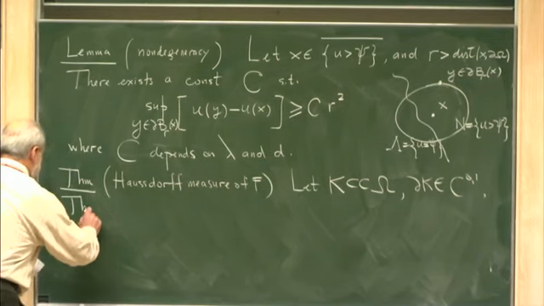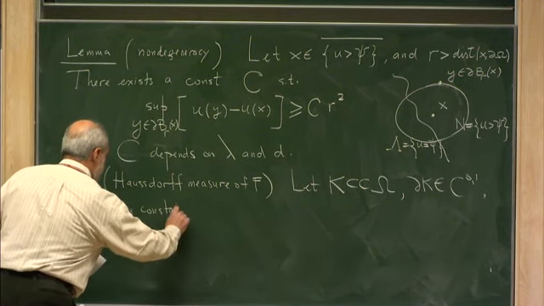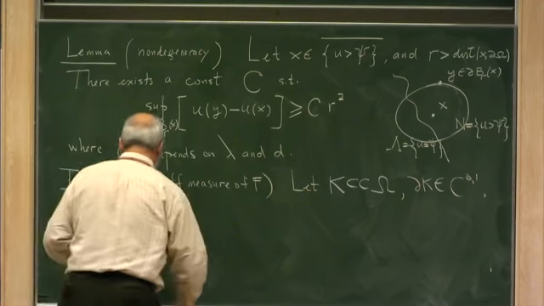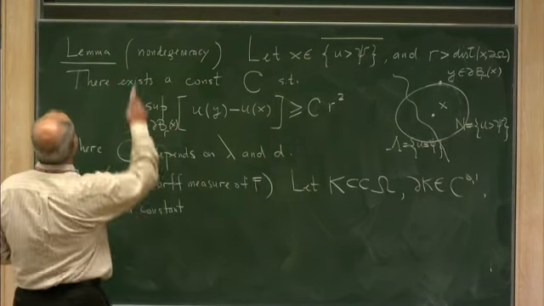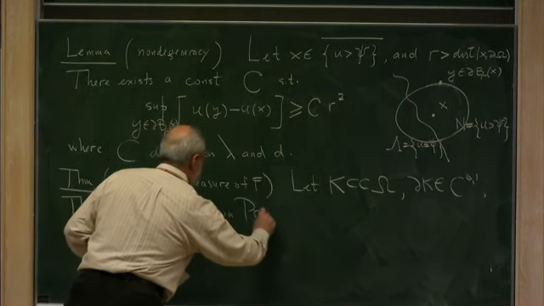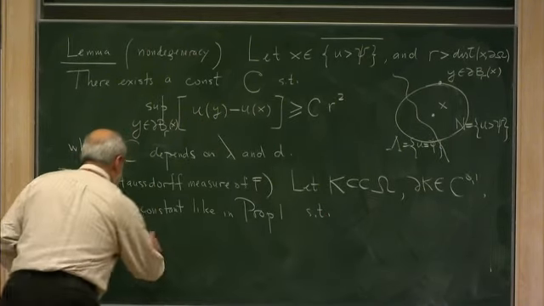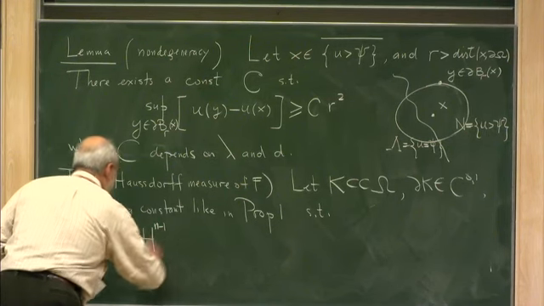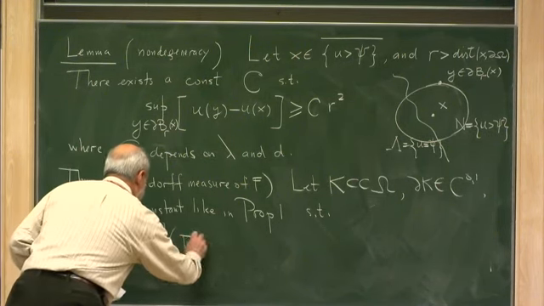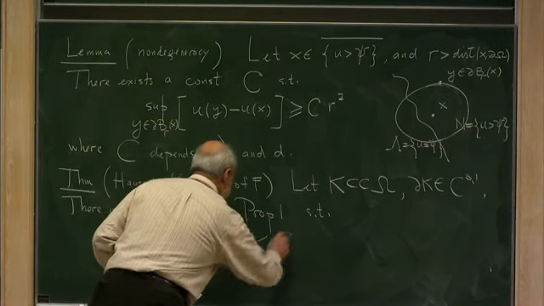Then there is a constant. Very much like in proposition 1, such that the following happens: the Hausdorff n-1 measure of F intersection K is bounded.